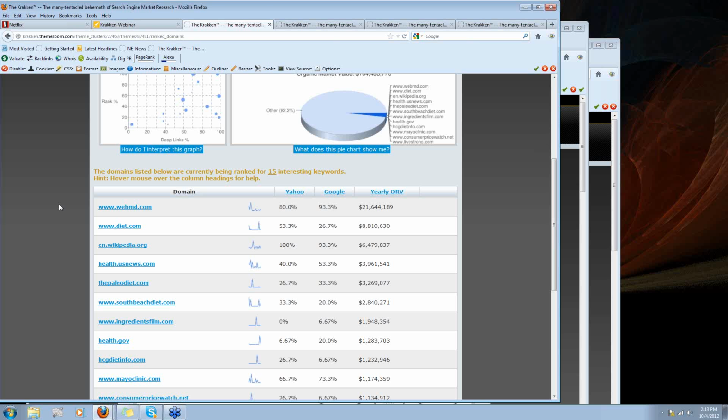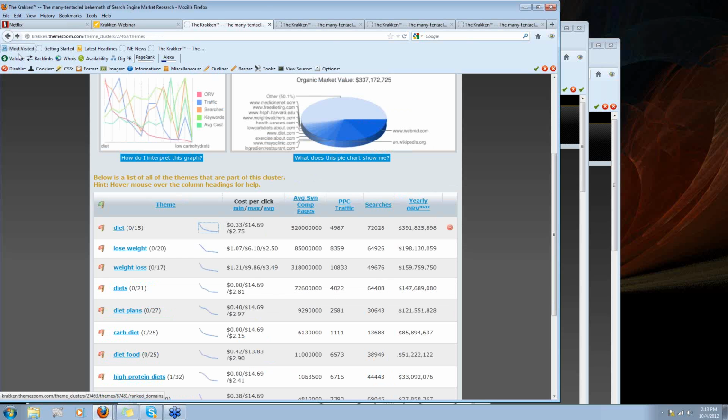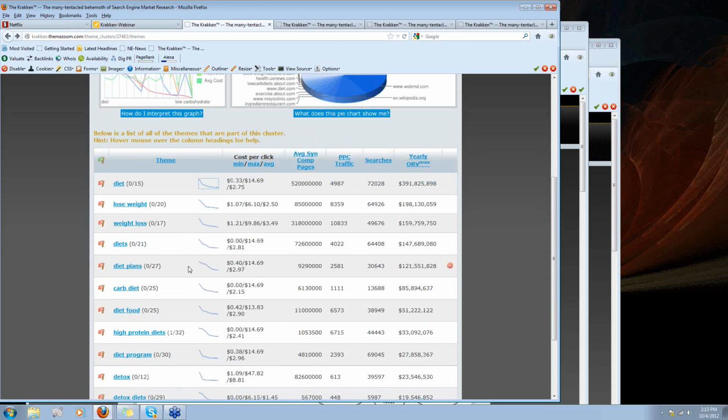It's such a cool thing what Kelley managed to cram into a single line. This is an overview of the domains ranking for all of the important keywords within this theme. This keyword right here doesn't have nearly the slope that this one has, so this is a much more competitive theme than this one.